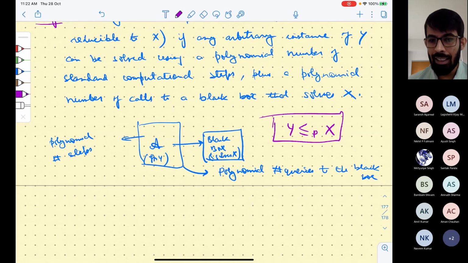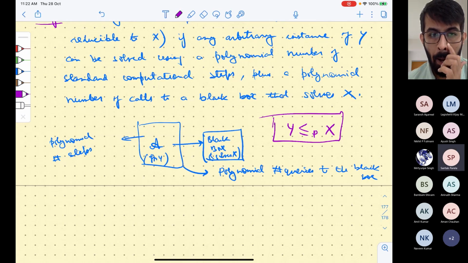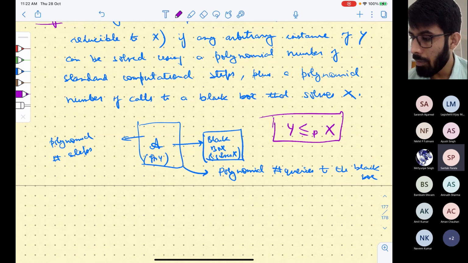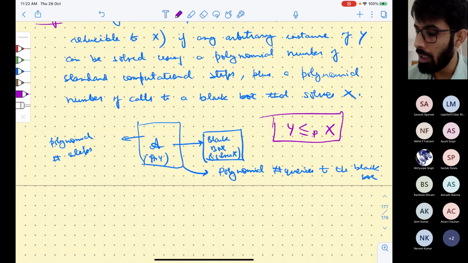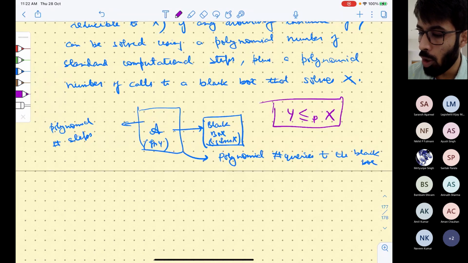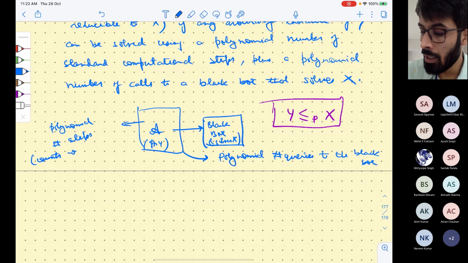So can somebody guess? Sir, what is the size of input for the queries? Is that also polynomial? Exactly. That's a good question. When we say this is a polynomial number of steps, this counts writing the question, the query, for the black box.